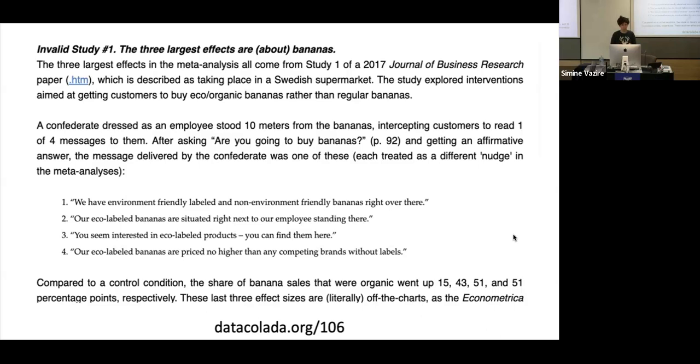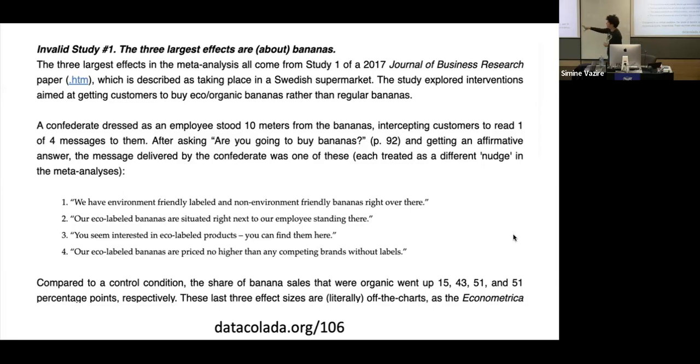So the 4 messages are: we have environment-friendly labeled and non-environment-friendly labeled bananas over there, or that's the control one, or our eco-labeled bananas are situated right next to our employee standing there. I think that's also a control. I can't remember which ones are the experimental conditions, but the last one is definitely one of them, saying that the prices are the same.